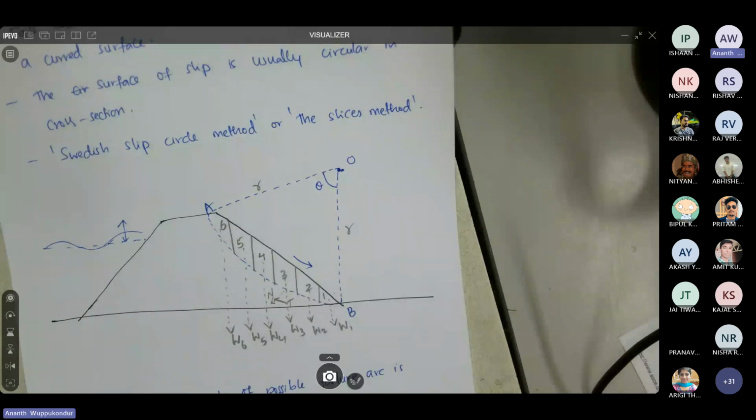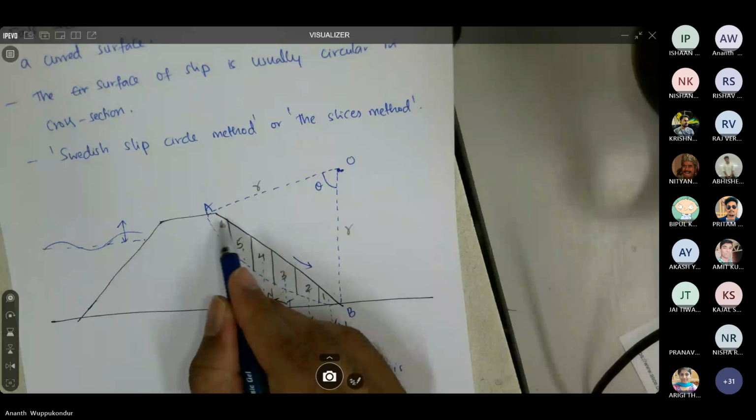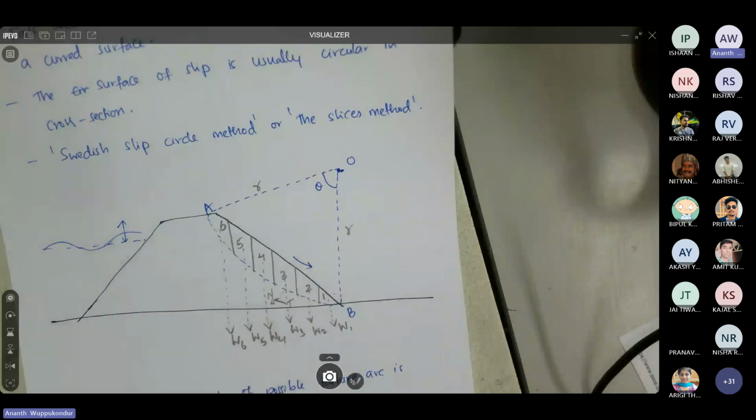So we try to estimate the forces acting on this soil mass, which is enclosed by this blue dashed line and the black line, and see if the resisting moments and the disturbing moments are in balance. If there are higher resisting forces and lower disturbing forces, then the soil mass would be stable. Whereas if the disturbing moments and forces are higher than the resisting moments, then the soil mass would be unstable.